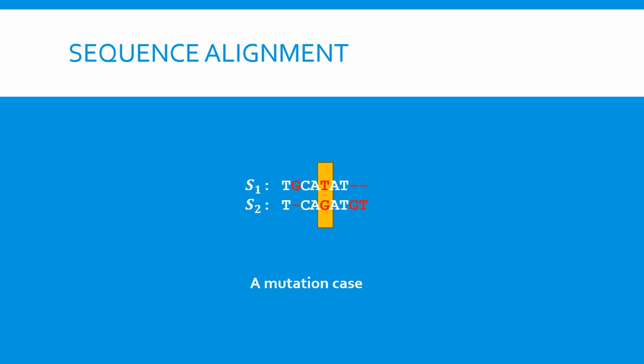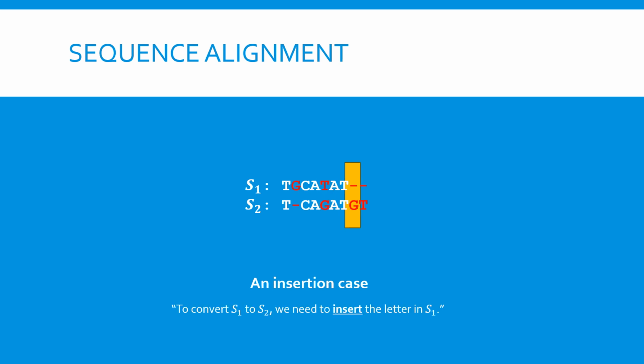Here, we demonstrate an example of mutation. It changes the letter T in S1 into G in S2. This is an example of insertion. From the alignment, we can see that a gap in S1 is aligned to the letter G in S2.